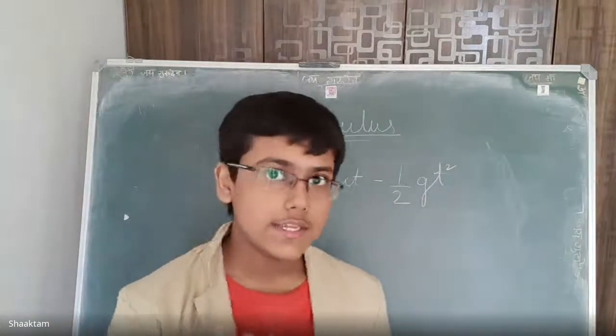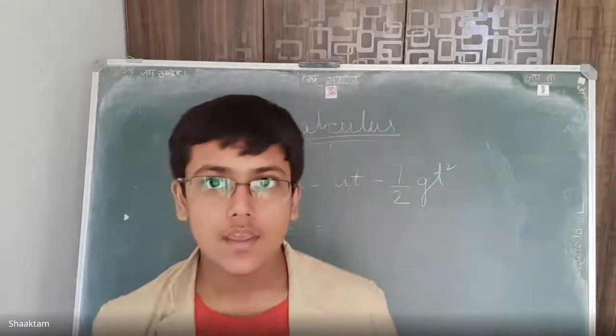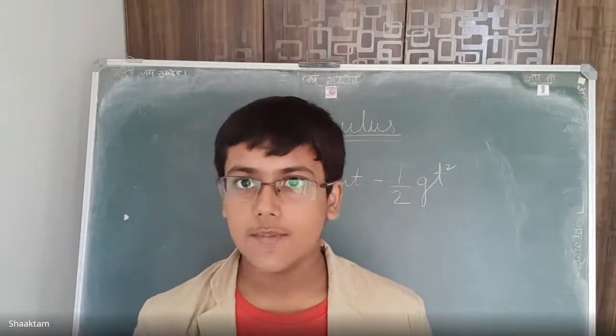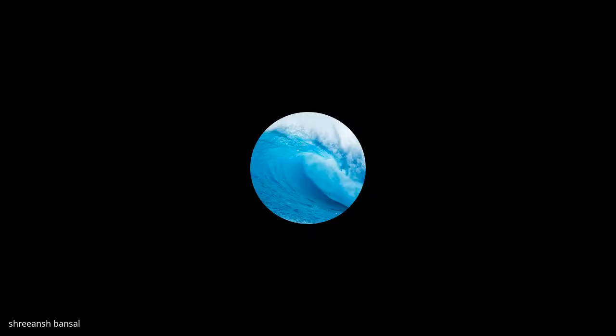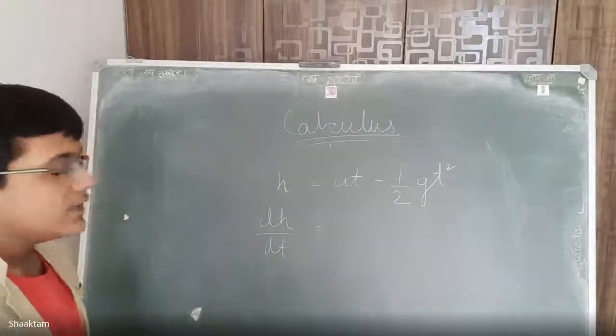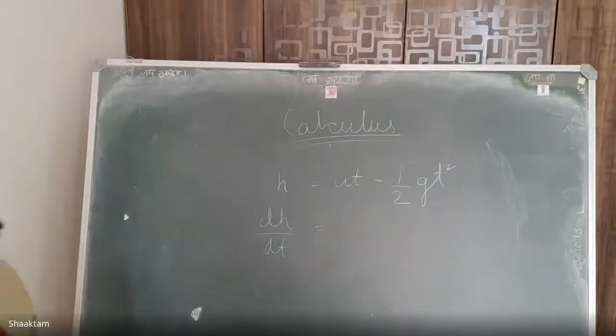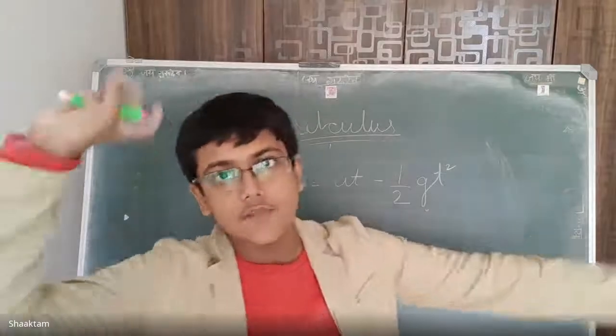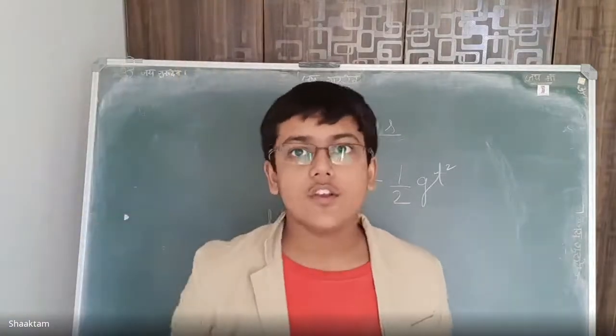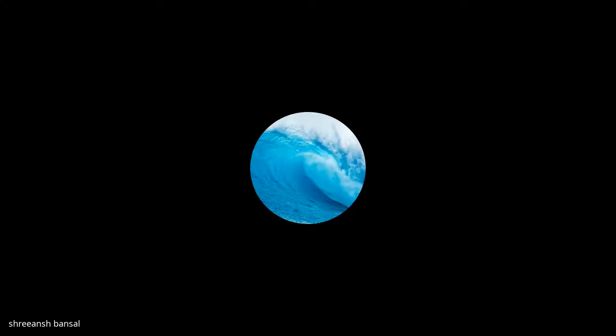Now you learned that d by dx of u plus v is du by dx plus dv by dx, right? So d of ut by dt, u is constant because if I throw it with some velocity, that velocity is a constant value. I just threw it and it's done. How did you get dh upon dt here? Can you tell me?